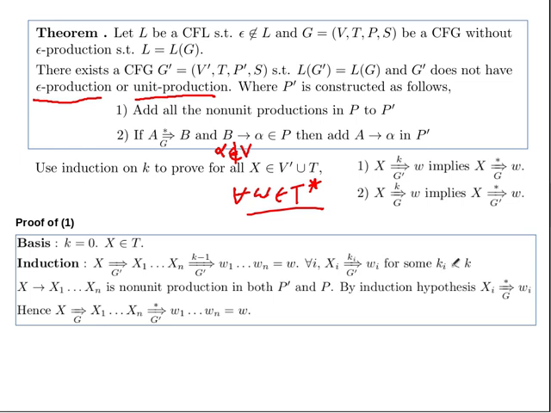So Ki is less than or equal to K minus 1. When you are doing this, you can always assume that you are doing a leftmost derivation, just to be more clear. So you just assume that this is a leftmost derivation.